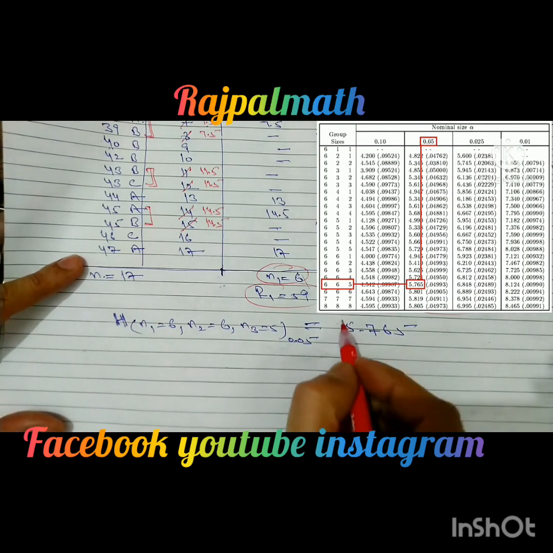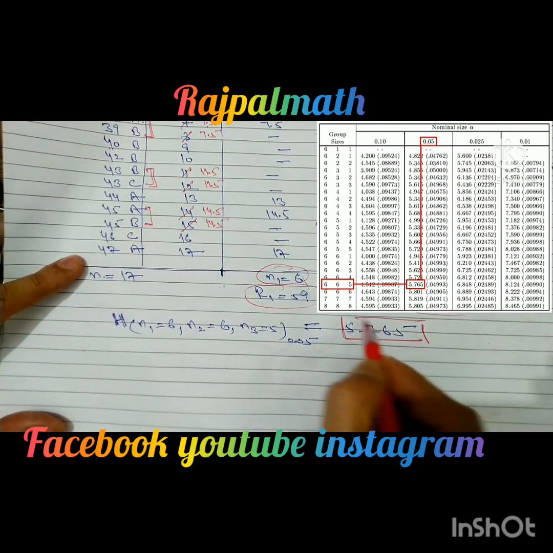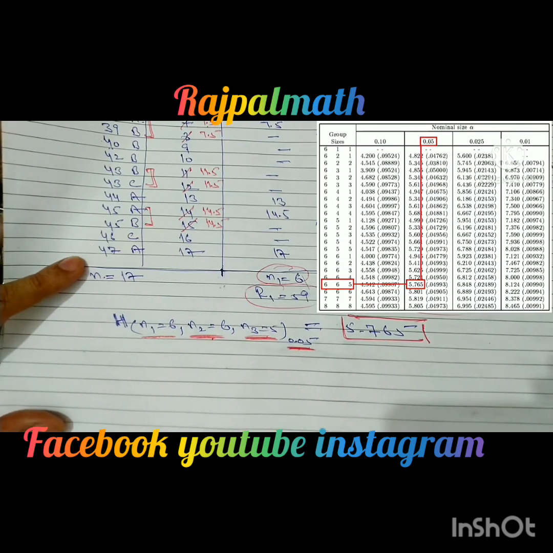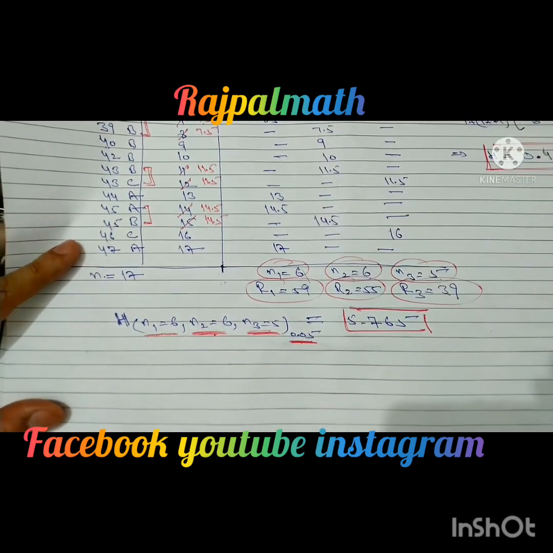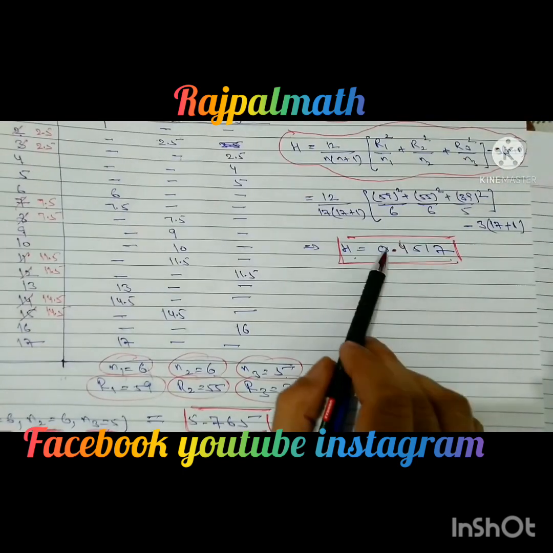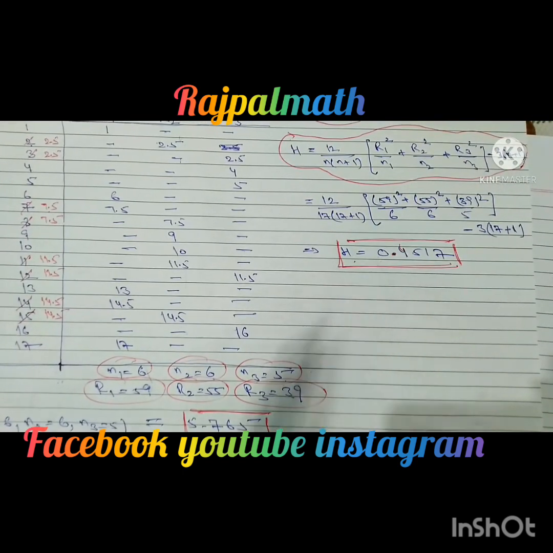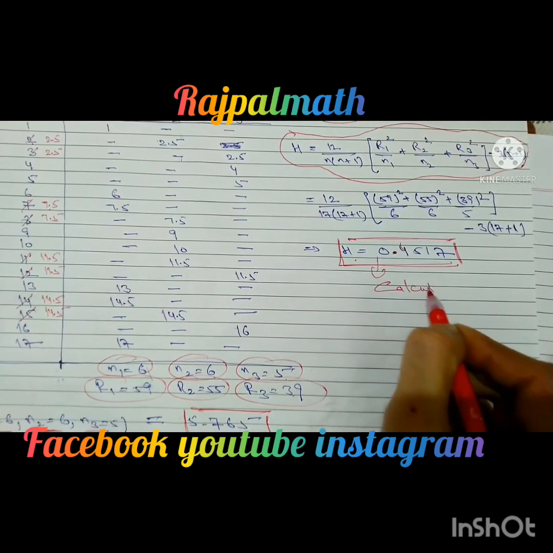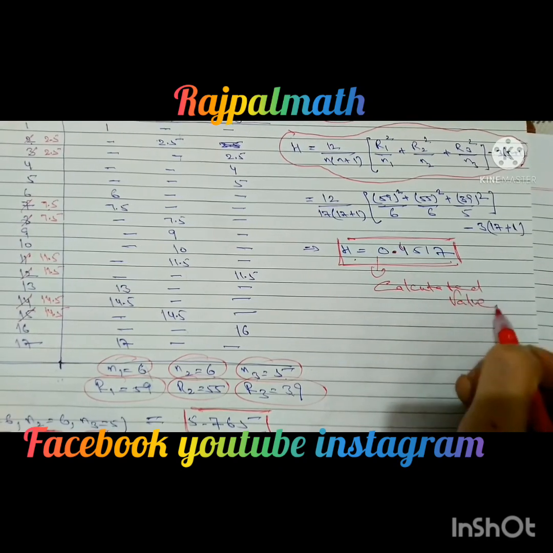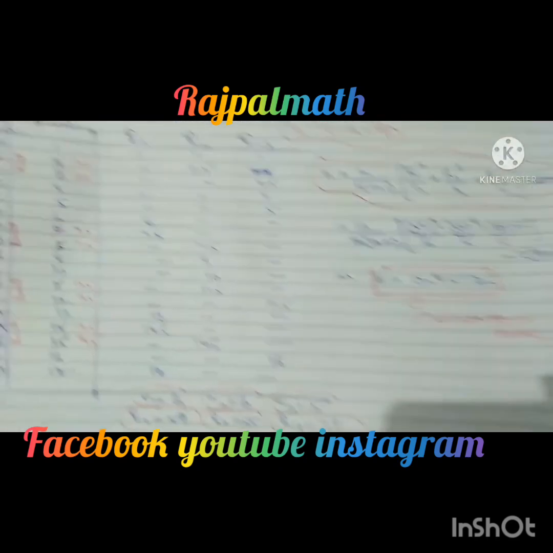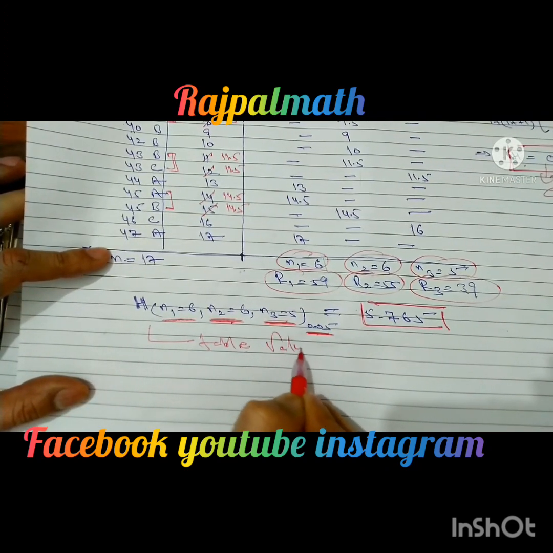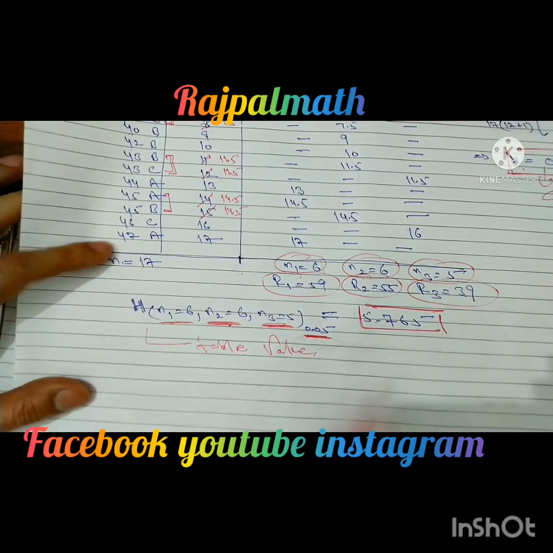So the table value for H is 5.765 at the 5% significance level. The calculated value is 0.4517, and this one is the table or critical value, 5.765.